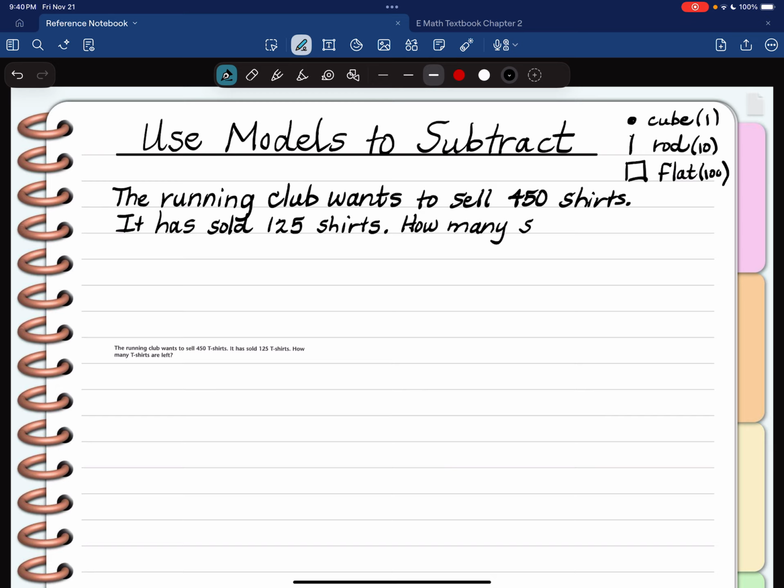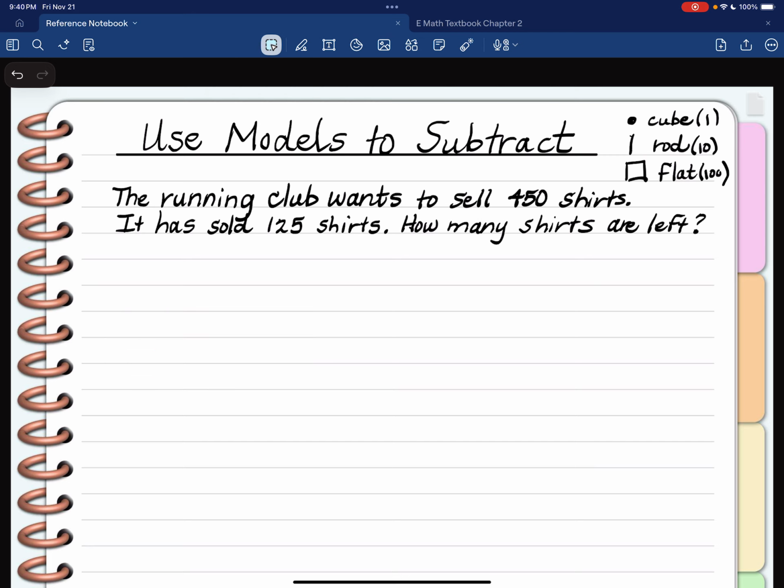And since this is a word problem, let's use that word problem strategy that I've shown you before. It will work with any type of word problem, even when you get into algebra and those really long word problems. So the first thing I want you to get in the habit of doing is looking for that question.